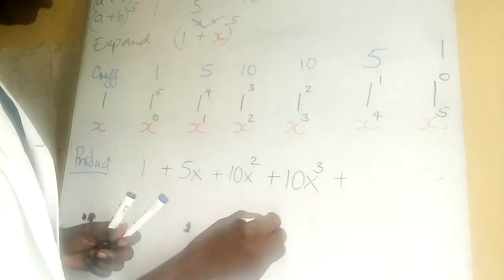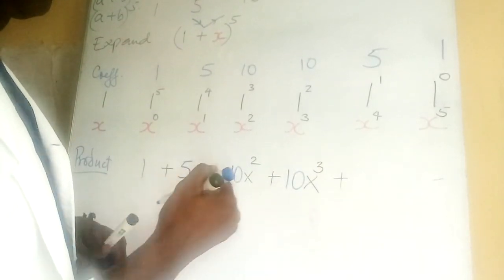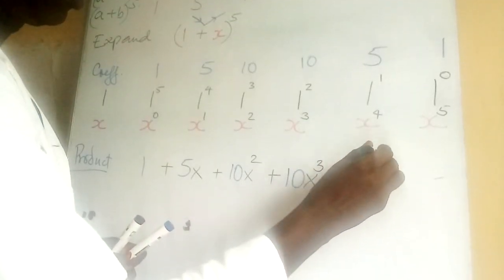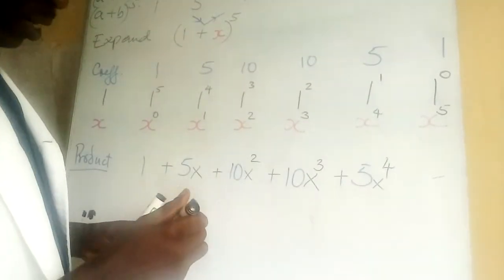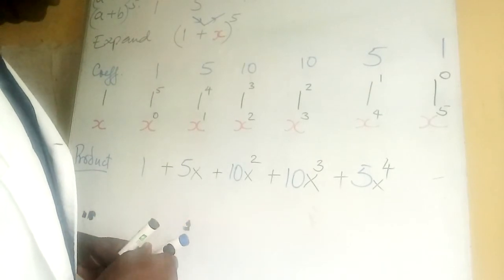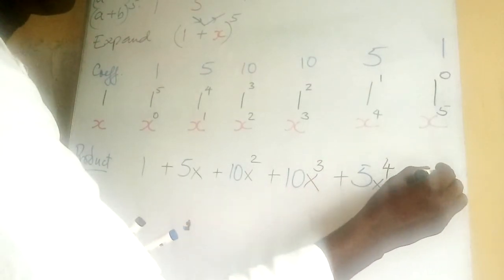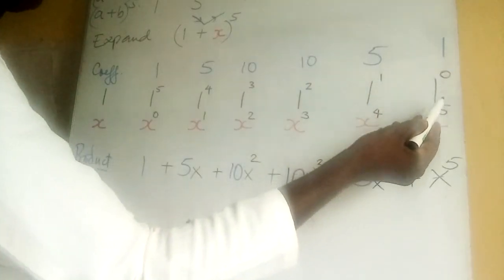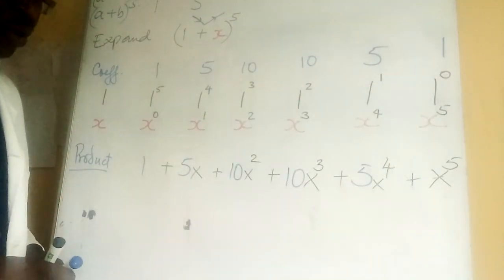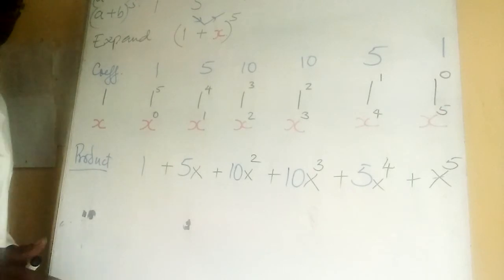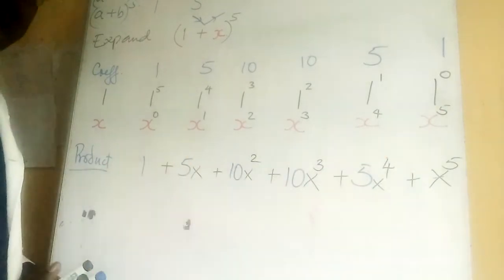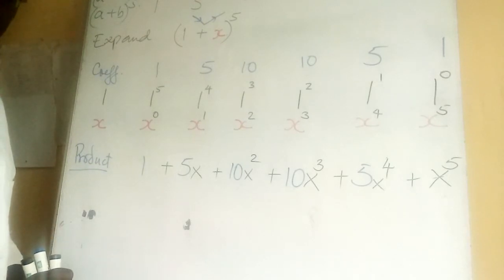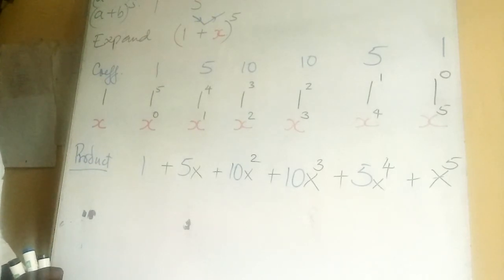Plus 5x to power 4. And then plus x to power 5, that is 1 times 1 times x to power 5. So this is our expansion.